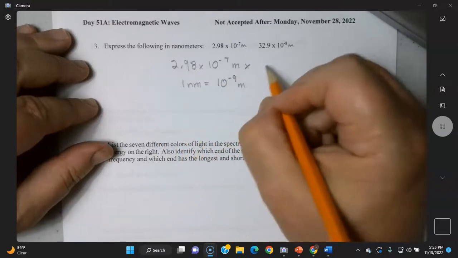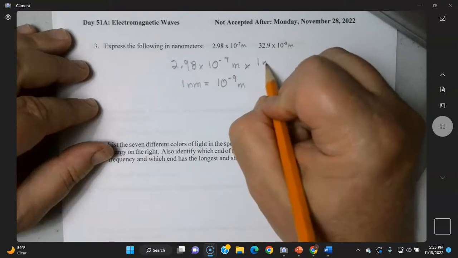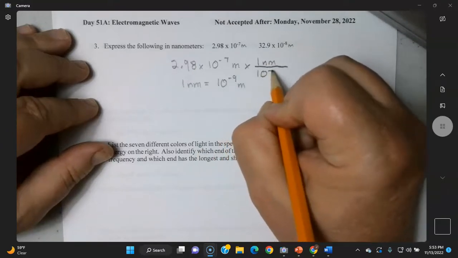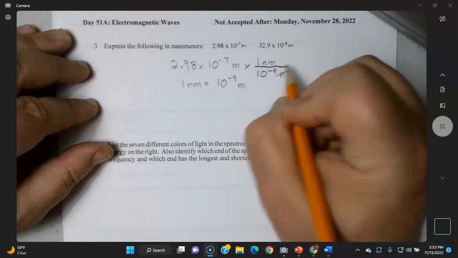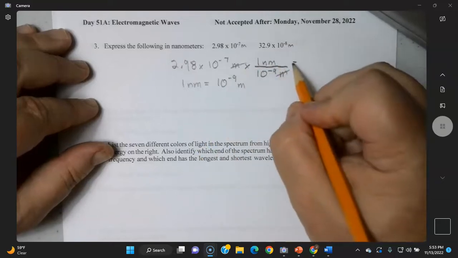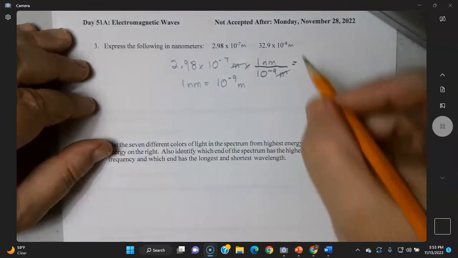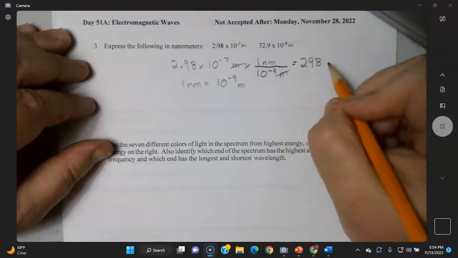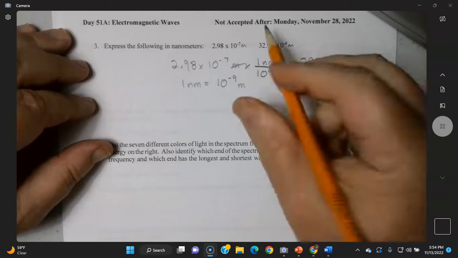So you're going to put nanometers on top and put meters on bottom. Meters cancels and cancels. And if you do that, you end up with 298 nanometers. Okay, now you do it for this one.